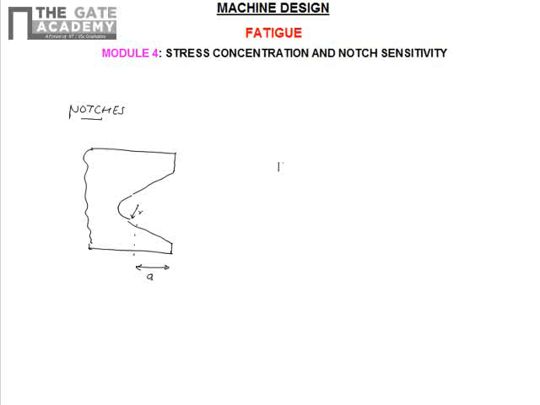In such a case, the stress concentration factor KT is given as 1 plus 2A by R, where A is the distance of the notch from the surface, and R is known as the notch radius.